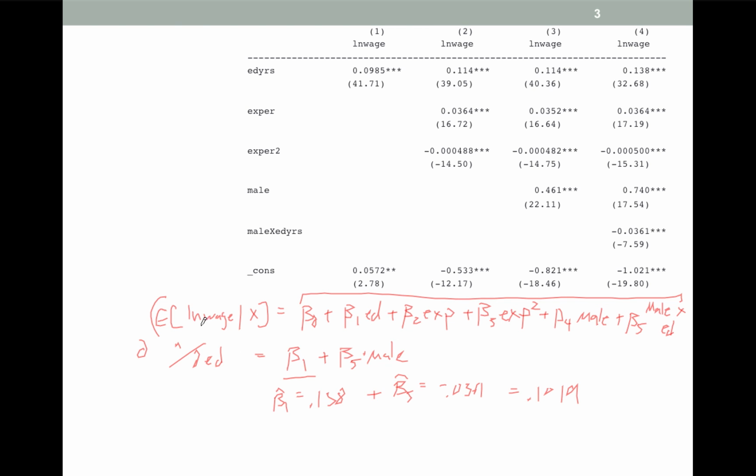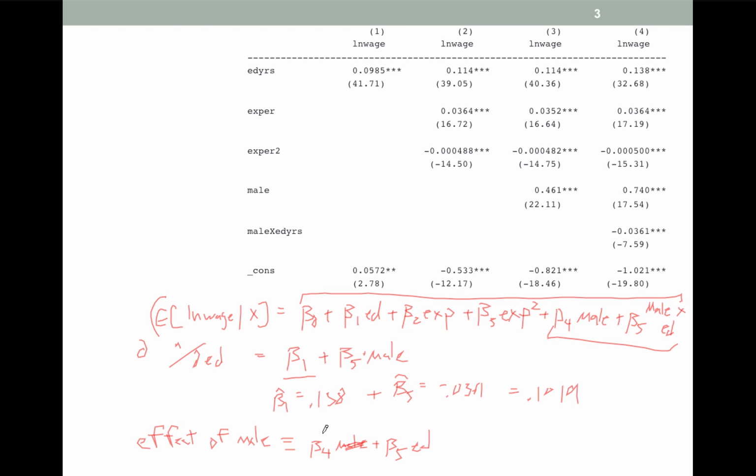And for female, those last two pieces go away. So what we end up with, now that we have the interaction in the model, is that the raw difference between males and females, the effect of being male, is actually beta 4 plus beta 5 times education.